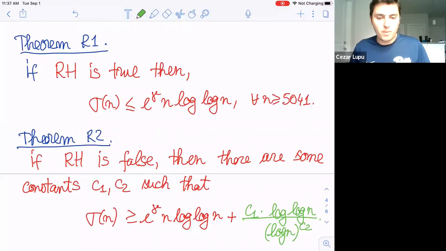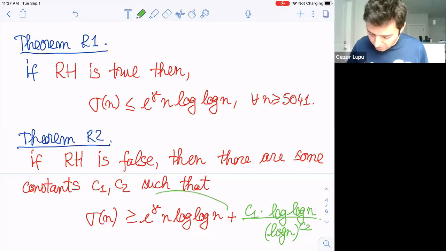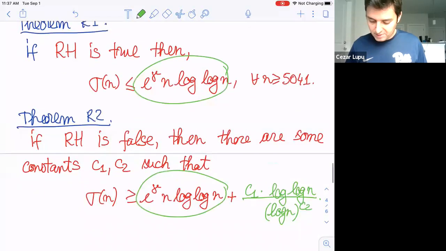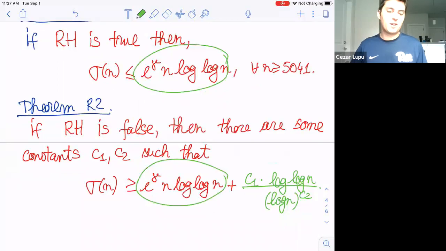And now, probably as you can guess, via a couple of inequalities relating this term and the harmonic sequence, we can get another equivalent statement of the Riemann hypothesis, in fact, of Robin's criterion.